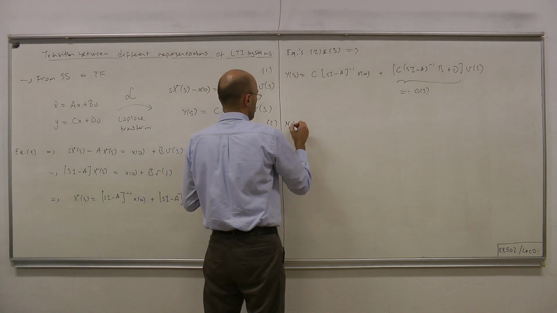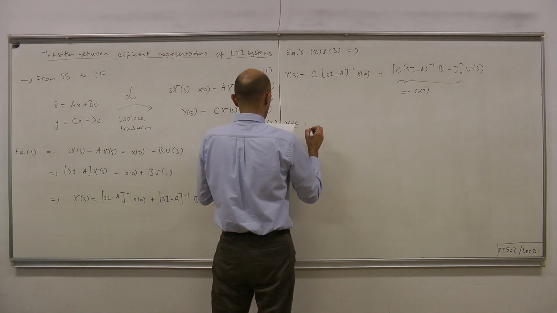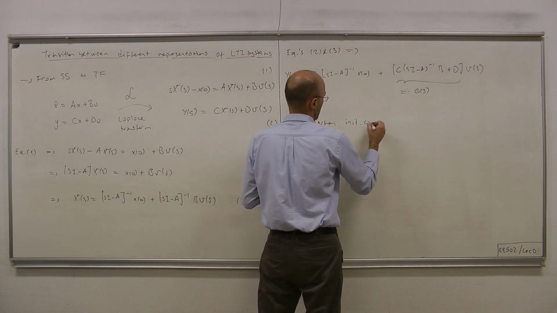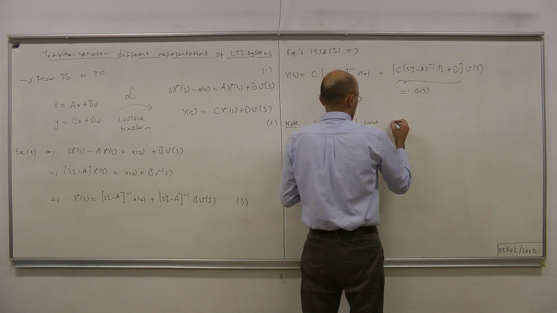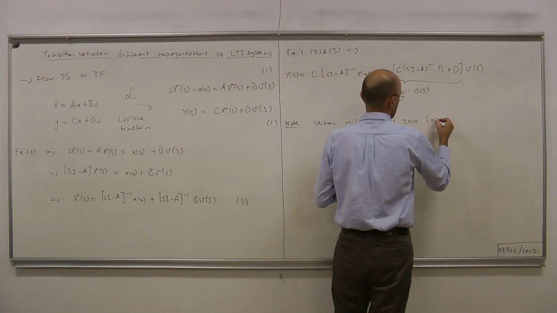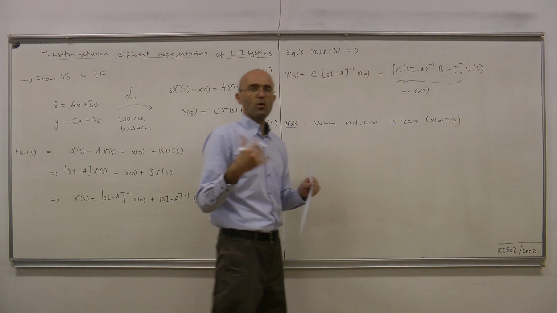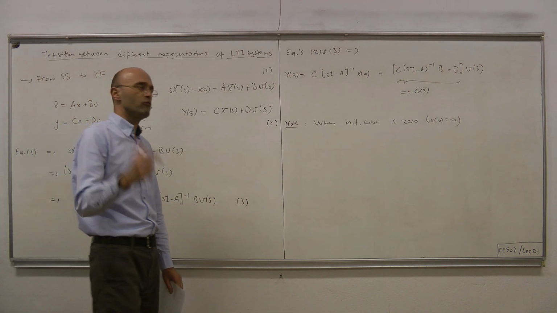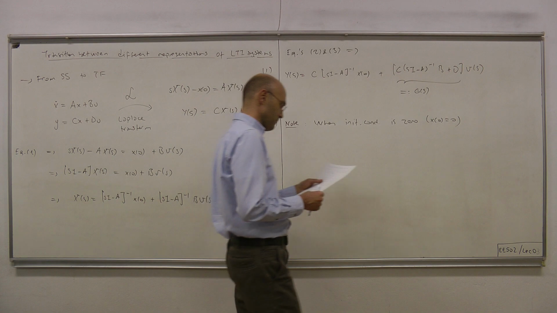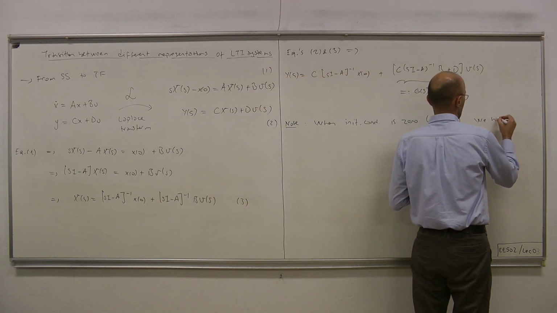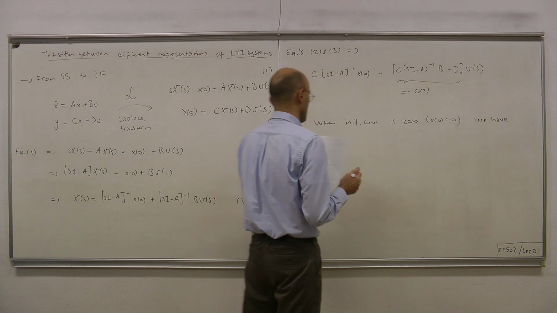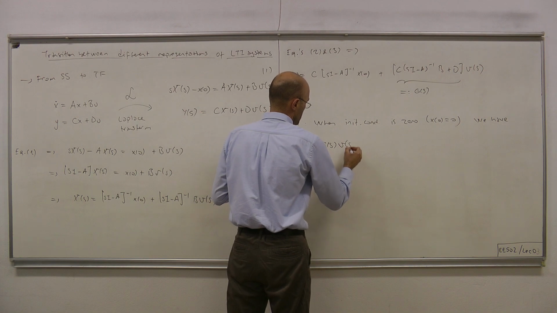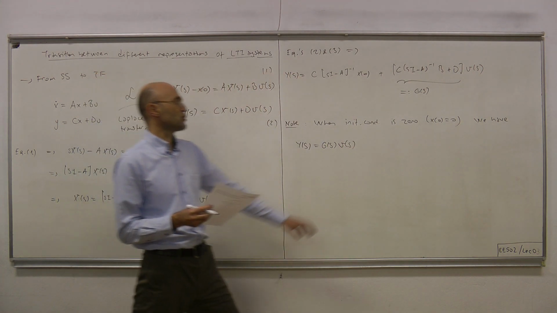So clearly, when the initial condition is 0, that is x0 equals 0, meaning all the capacitor voltages and all the inductor currents are 0 for an LTI circuit, then we have Y(s) equals G(s) times U(s).